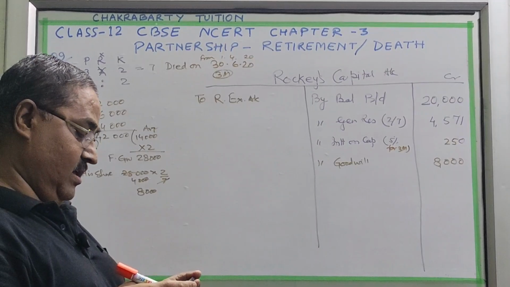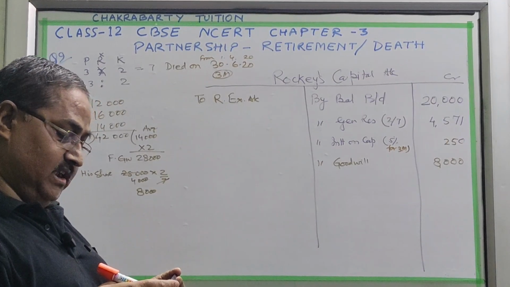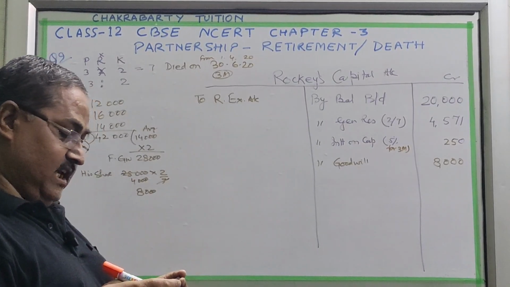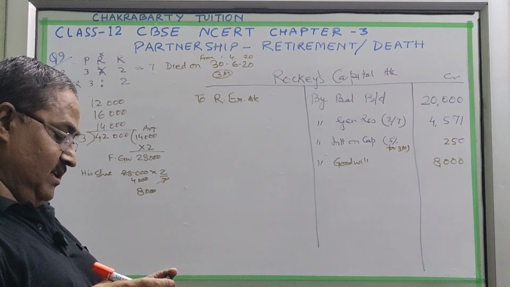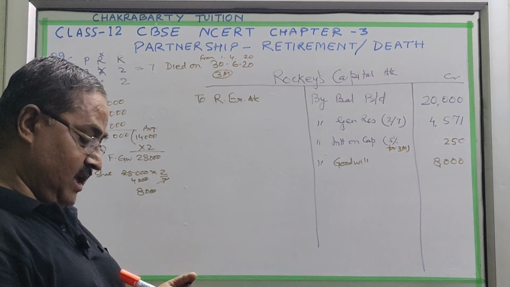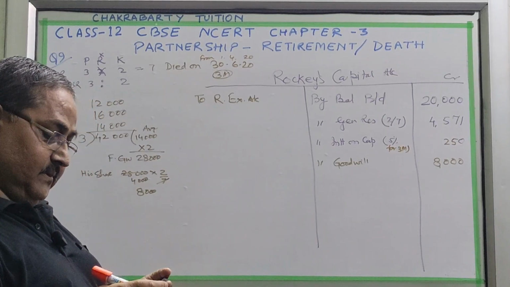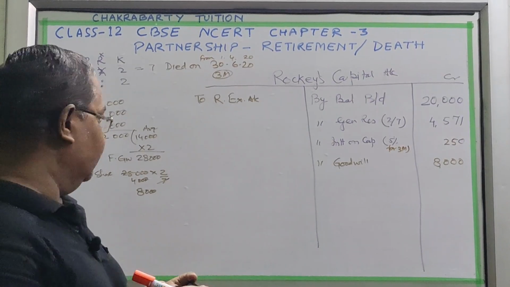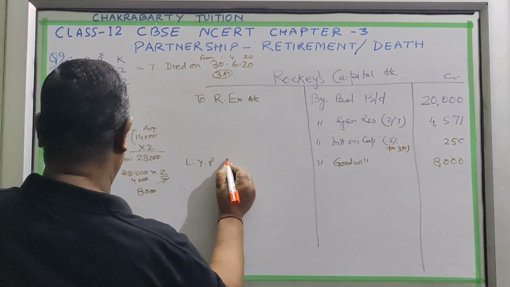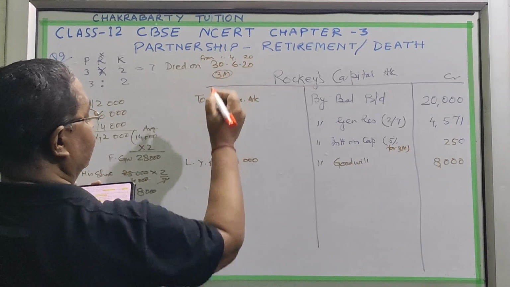Now, his share of profit from the closing of the last financial year to the date of death, on the basis of last year's profit. Last year's profit was 14,000, and he has to get the share for 3 months.